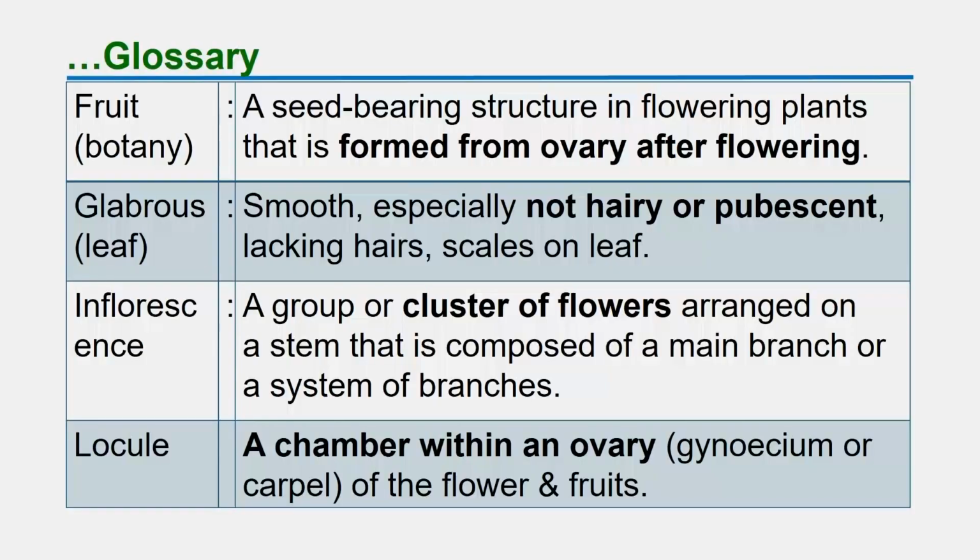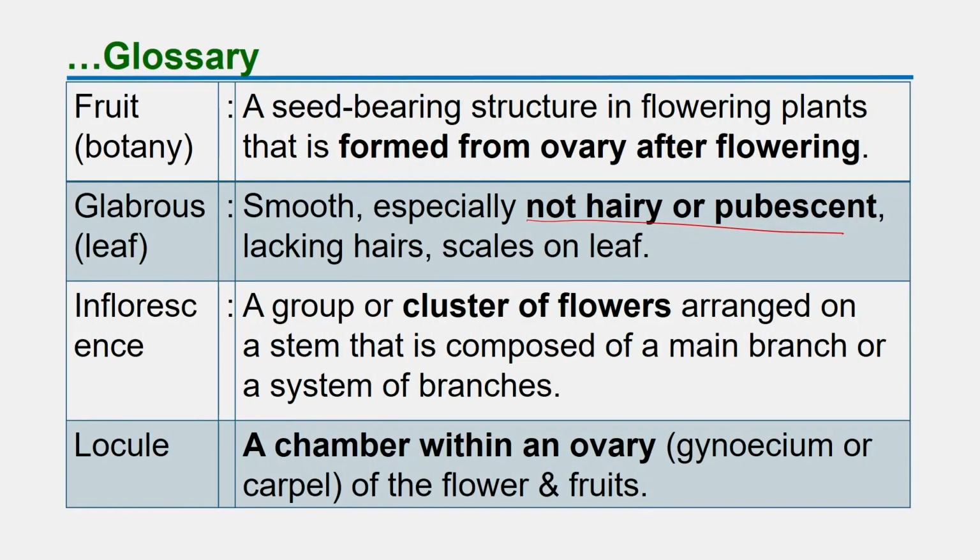One is act or state of producing flower, this is flowering, and second is period during which a plant produces flowers, that is also flowering. Now fruit, let us see the meaning of fruit in botany: a seed bearing structure in flowering plants that is formed from ovary after flowering. So in flowering plants, fruits develop mainly from ovary.